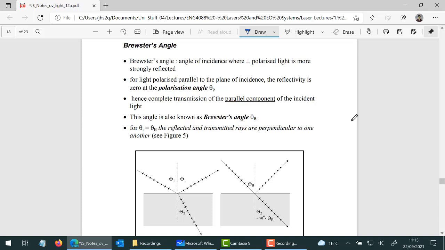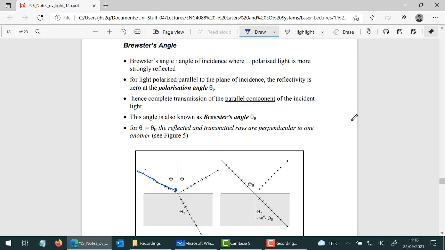Another aspect of the light as it gets reflected is the effect that it has on its polarization. In the diagram down here, the way that I've drawn this is that we have a ray coming in at some angle theta I, and we have some light which is polarized at some arbitrary direction.